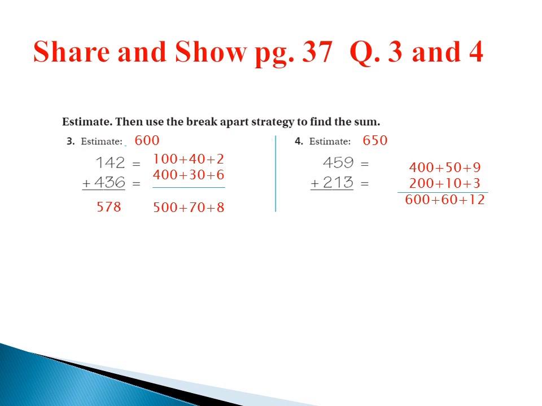Add the sums. 600 plus 60 plus 12 equal 672. If you look here, 12 has 2 ones and 1 tens. I have to regroup. I will add 10 to 60, then it will be 70. 672.